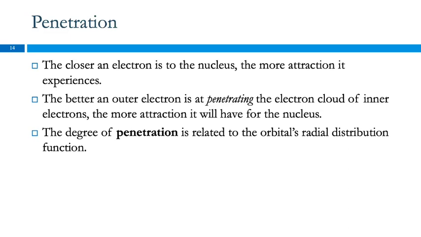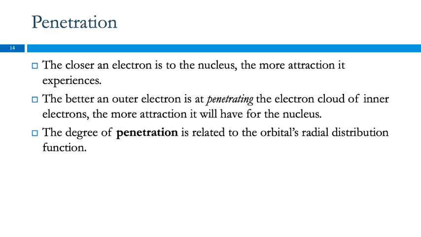Penetration talks about the electron getting closer to the nucleus. If the electron can penetrate through those other electrons that are repelling it, then it can get a better picture, a better view of the nucleus, and it's more attracted to it. It gets closer. R gets smaller.